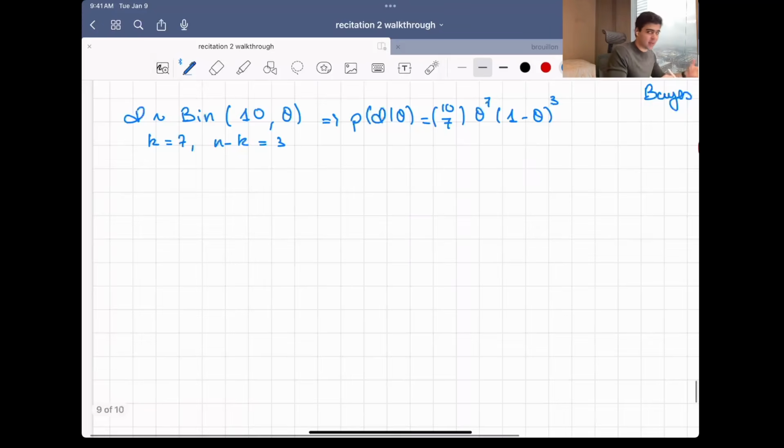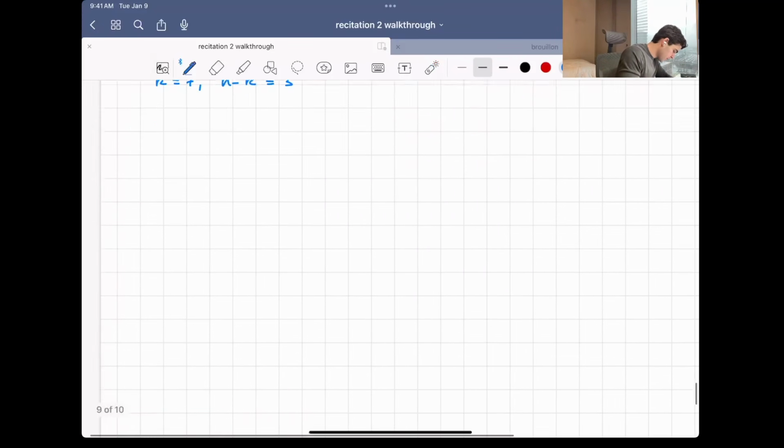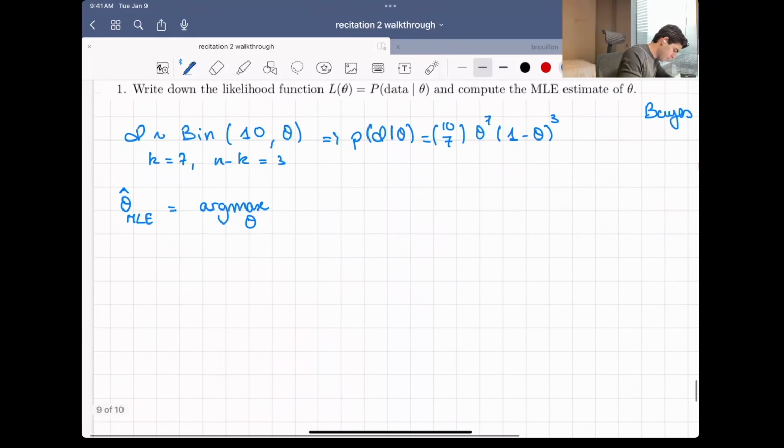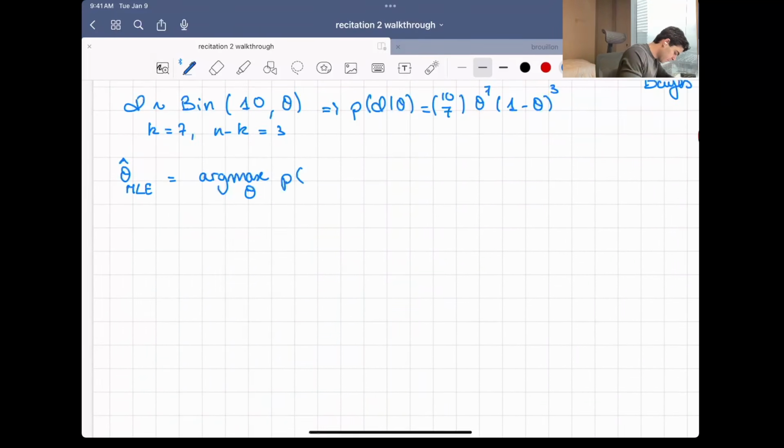Now we want to compute the MLE of theta, so we want to maximize the likelihood. A way of writing the estimate is theta hat. Hat is usually mathematics for we're estimating here. Theta hat MLE is equal to argmax over theta of the likelihood, the probability of the data given theta.